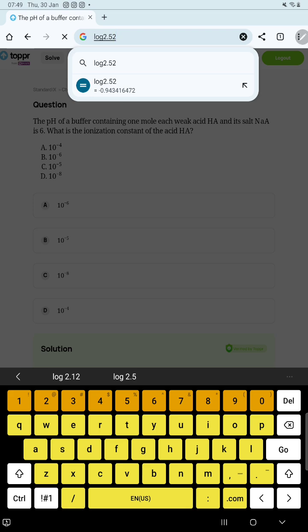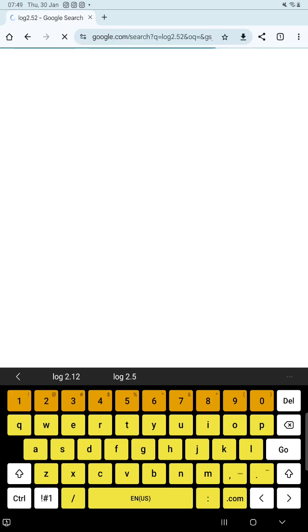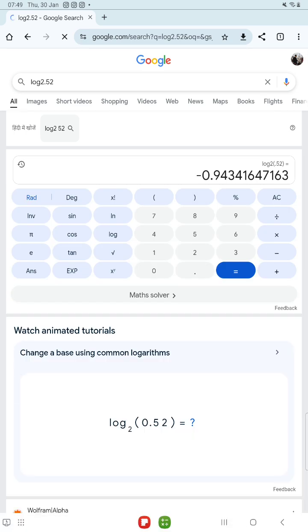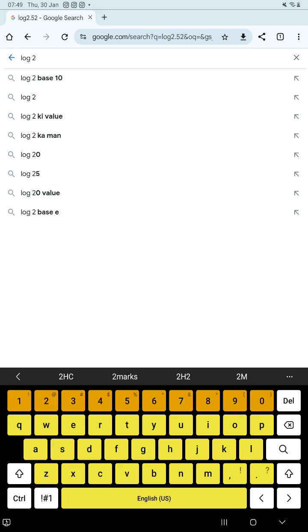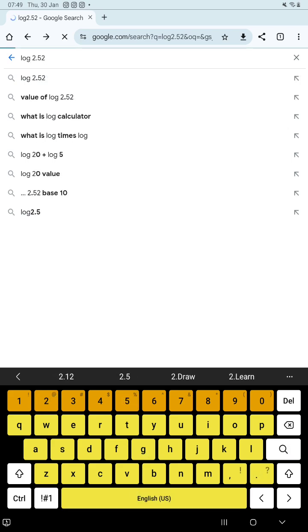Wait, student, log 2.52. How much is coming?